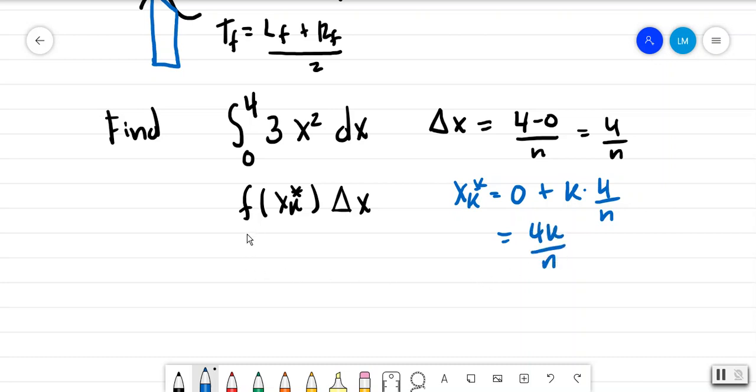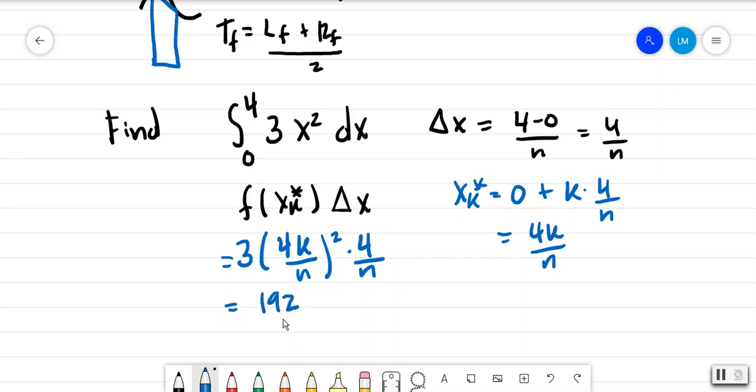Now, what that means is that basically you have 3 multiplied by 4k over n, and that's squared, but then that's multiplied by 4 over n. Now, basically, when you simplify this, we have 16 times 12, so this is going to be 192.